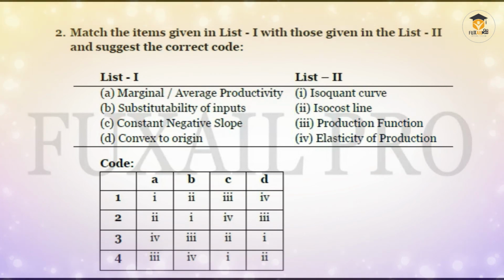Elasticity of production. Code: A, B, C, D, with the options listed.